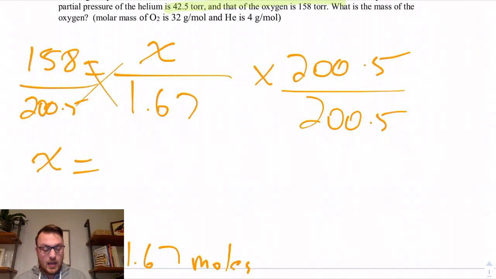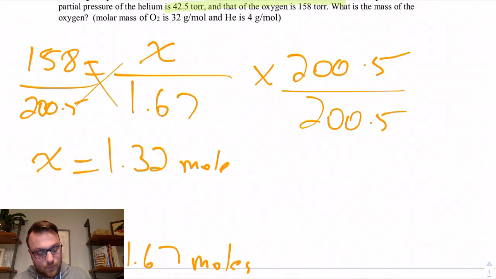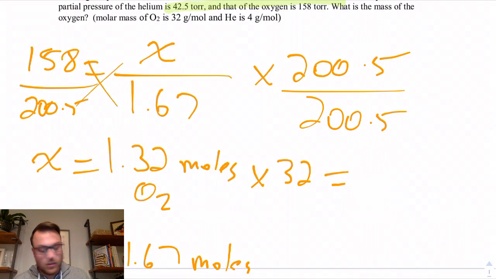That is of oxygen. Multiply that by the weight of oxygen, which is 32, and you again get 42 grams. Hey, same problem, done two different ways.